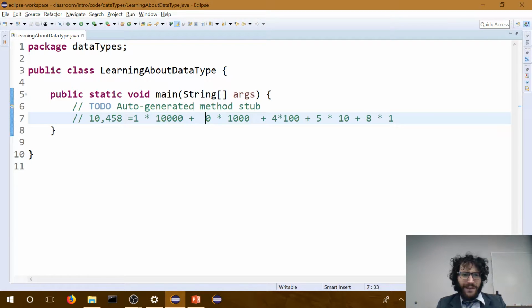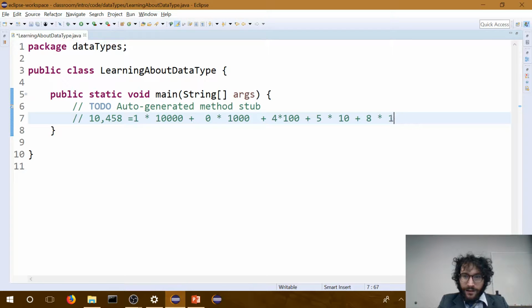And we can generalize this by saying that since this is the ones place, it's 10 to the 0th power. The tens place is 10 to the 1st power. Then 10 to the 2nd power, 10 to the 3rd power, and 10 to the 4th power. Let me go ahead and just show you.